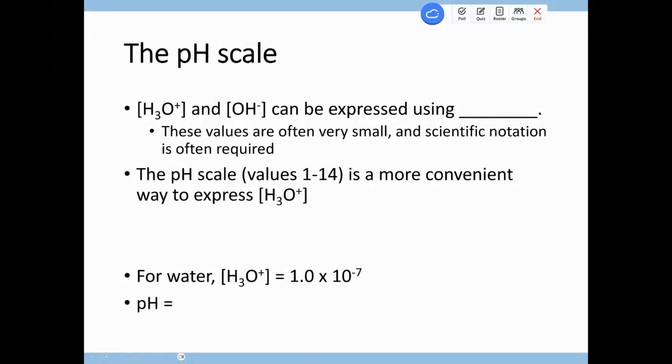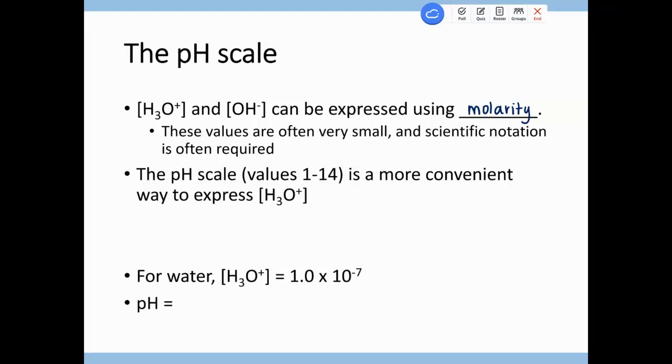So the pH scale. While with H3O plus and OH minus we're talking about concentrations, the most common concentration unit is molarity. Remember, this is moles per liter. So for a weak acid, the amount of moles of that H3O plus or OH minus is usually really small for a lot of liquid.